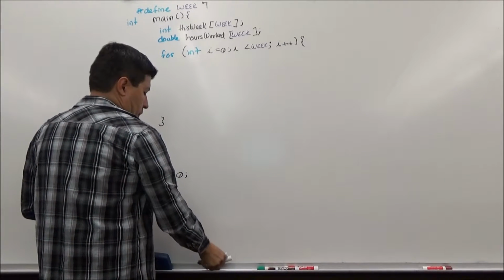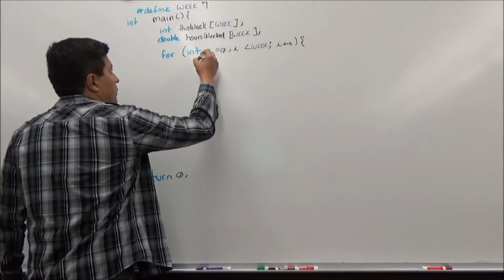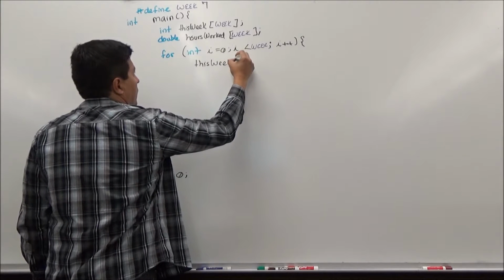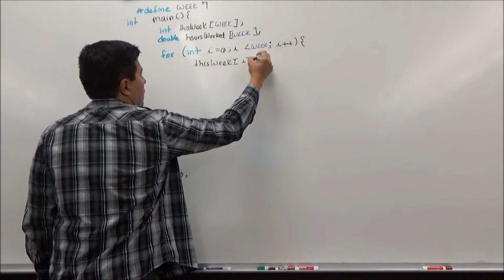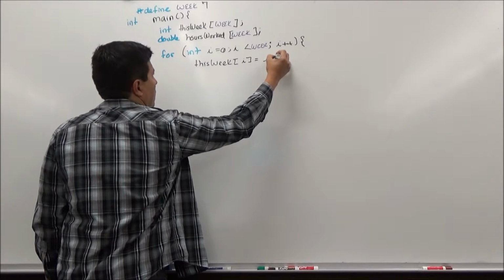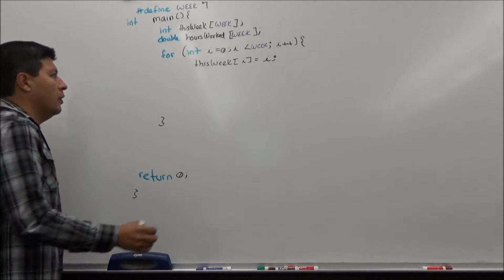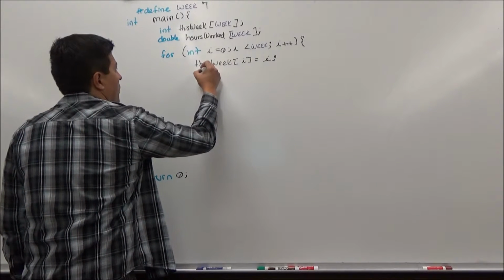So if I didn't have the enumerator, I will have to indicate each day to initialize it to 0 to 6. Maybe as the user.